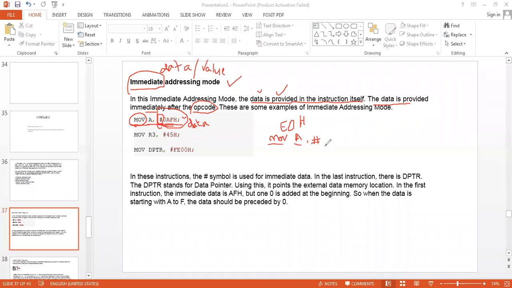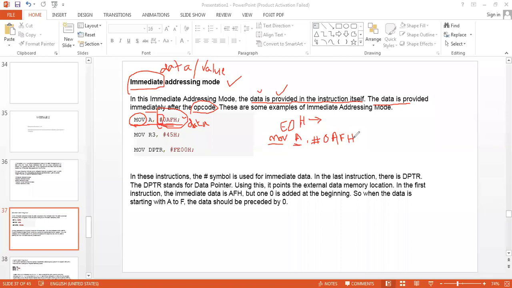If I write hash, then whatever number I write is treated as an immediate value. What is the address of A? That is E0H, one memory location. What is going to be stored? 0AFH.